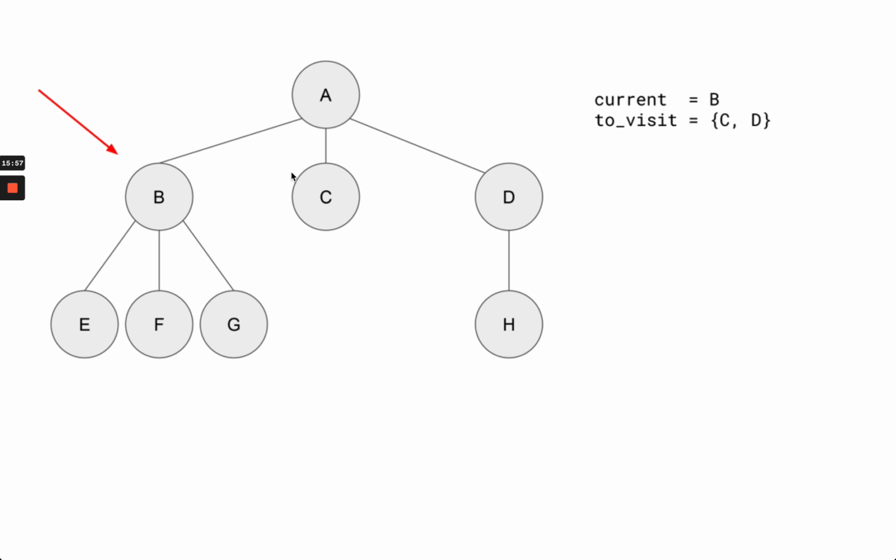Then you have to visit all of B's neighbors, E, F, and G. And notice how when I do first in, first out, C and D appear in this list before E, F, and G. So I would explore C before I explore E, F, and G.